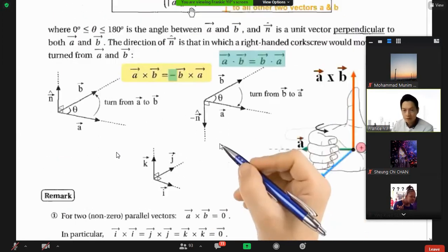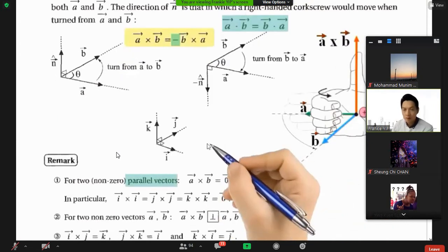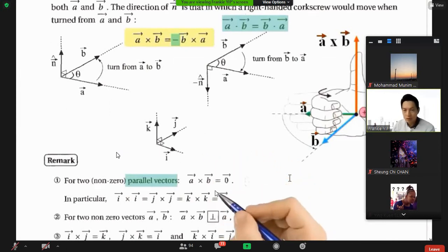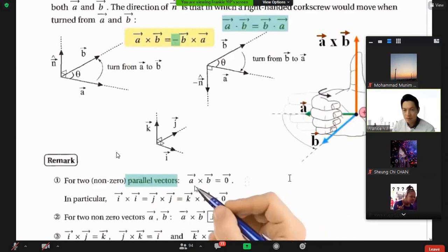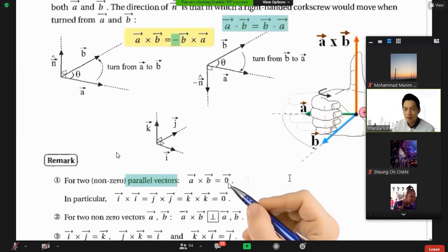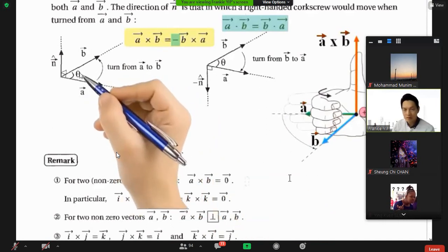so if it becomes IJK, so what will it be? Remember, one of the concepts I told you just now is that if those two vectors are parallel, they become 0. Okay, so A cross B, if those two vectors are parallel, the angle between them is 0. So sine 0 becomes 0.